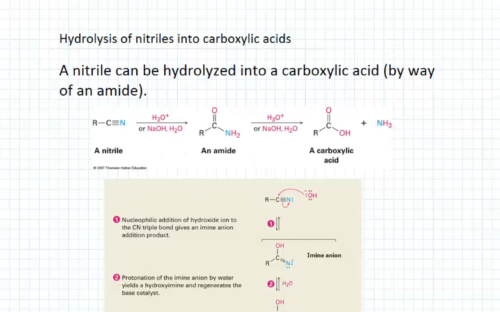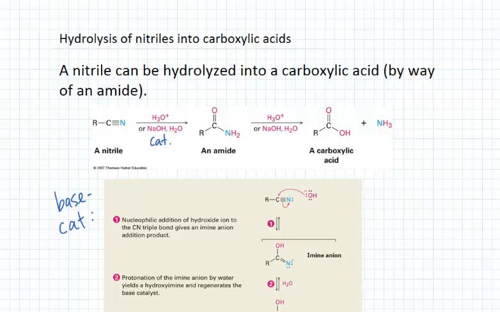Let's start with a nitrile. Let's add water to it with an acid or base catalyst. We just talked about how we make an amide and then a carboxylic acid. So let's start with the base catalyzed mechanism. None of this should be terribly surprising given what we talked about.